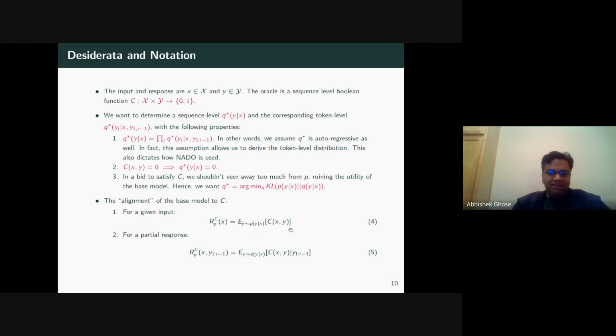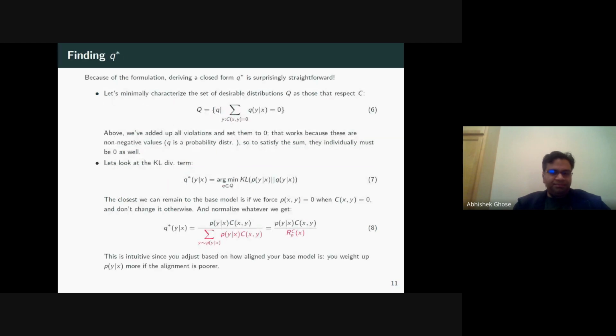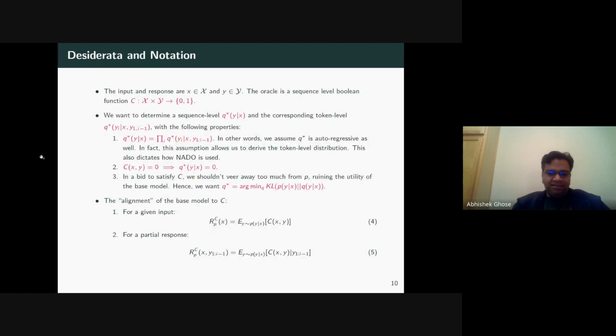So it is essentially the same quantity, but you are now conditioning on the fact that you have already produced some of the symbols, right? So this in some sense calculates the alignment of your base model, something that we completely ignored in FUDGE, right? And because we have characterized things in this manner, we will see that this third property, where we find the optimal distribution, is actually very simple to calculate, right?